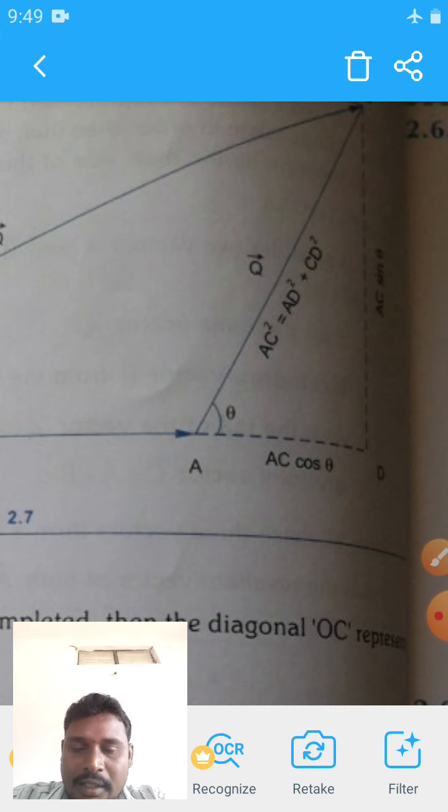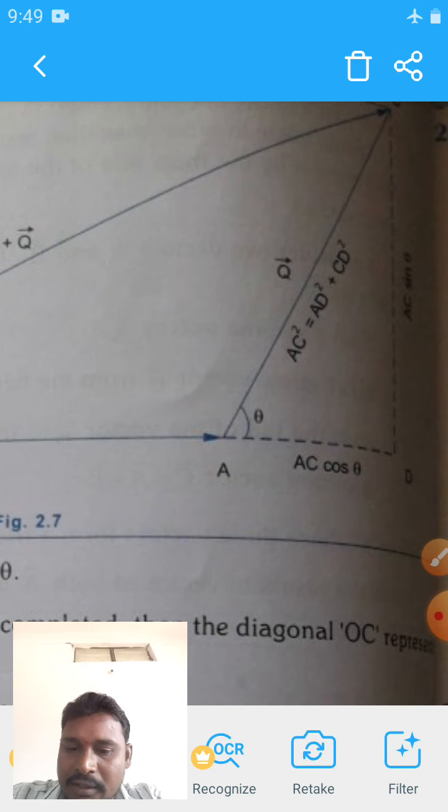The opposite side comes with sin theta and the adjacent side with cos theta, multiplied with the hypotenuse, then you will get AD and CD. I explained this properly in the previous video.